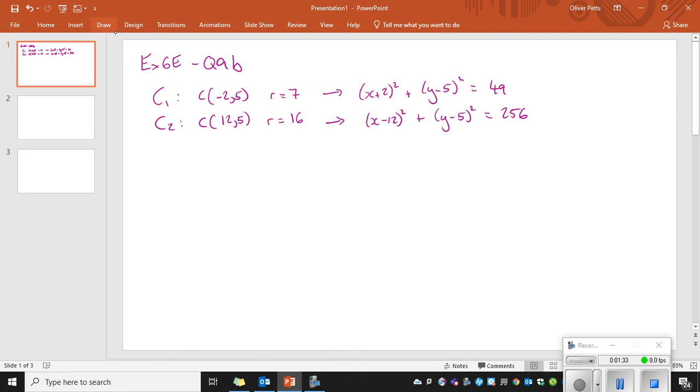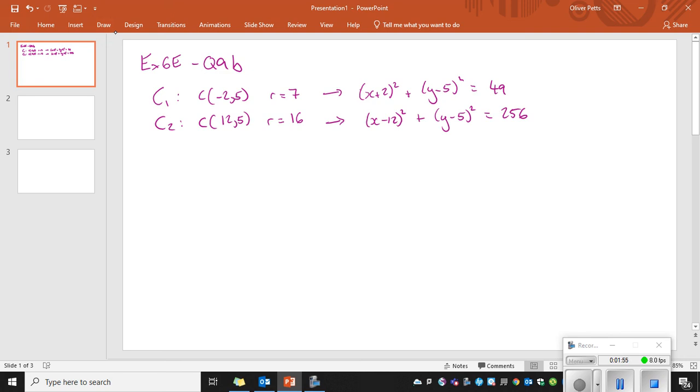Now, how do we solve a couple of circle equations simultaneously? Well, usually with a bit of difficulty, but it can be done. When we think of solving simultaneously, we either think of elimination by adding or subtracting the equations together, given certain conditions, or by substituting one equation into the other.